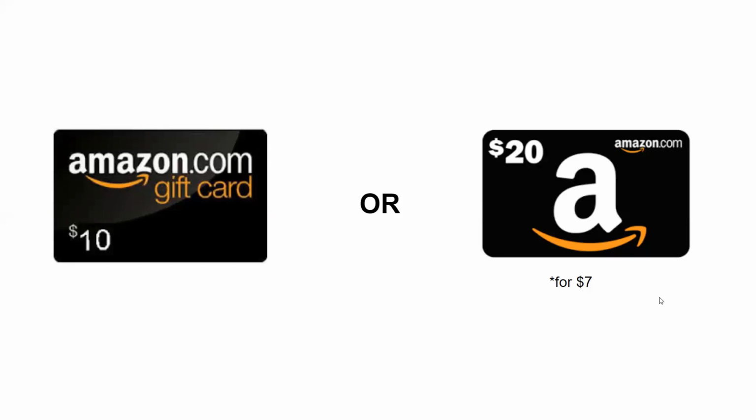So here's the point that he wanted to prove around the lure of free. He offered multiple groups options. One was the option to have a free $10 Amazon gift card, or a $20 Amazon gift card for $7. Now, if we look at this objectively, I've got $10 on this side and $13 on this side.